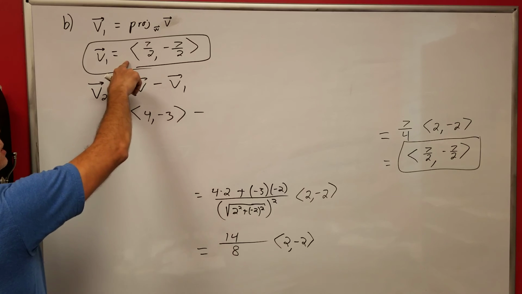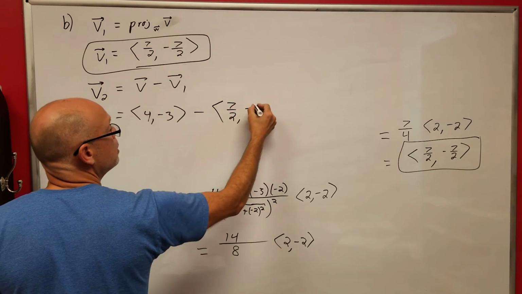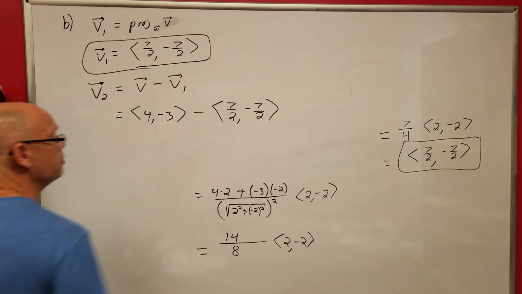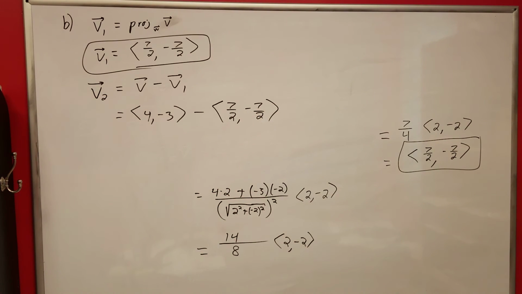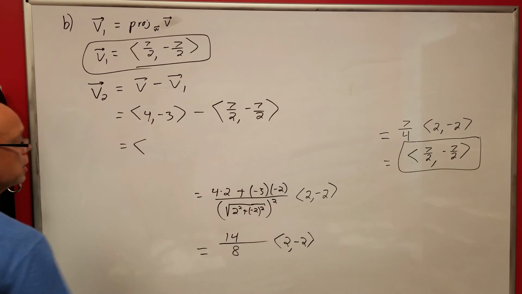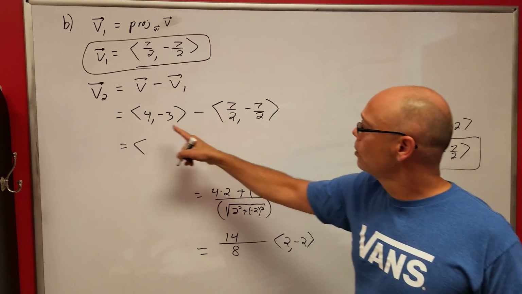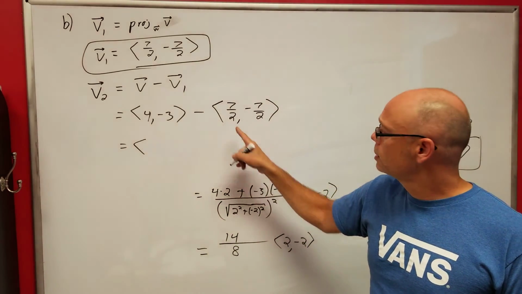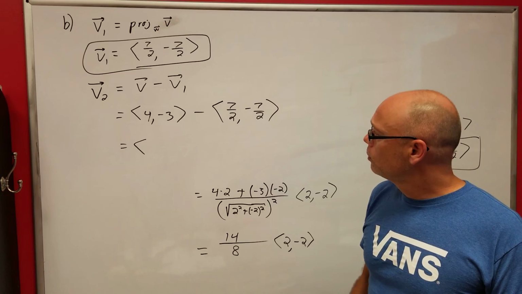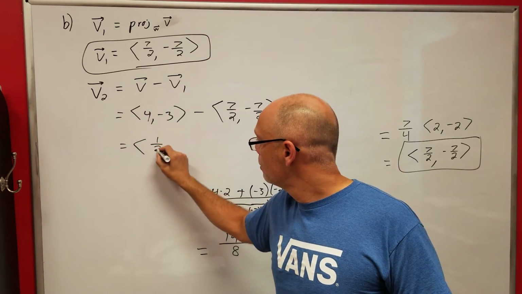What's vector v1? We just said it's 7 halves, comma, negative 7 halves. How do we subtract vectors? We subtract their components, right? So what's 4 minus 7 halves? Well, 4 is really 8 halves. 8 halves minus 7 halves is 1 half, right?